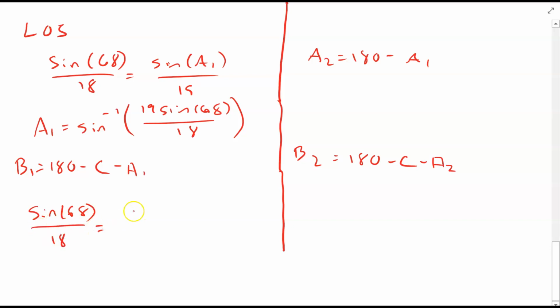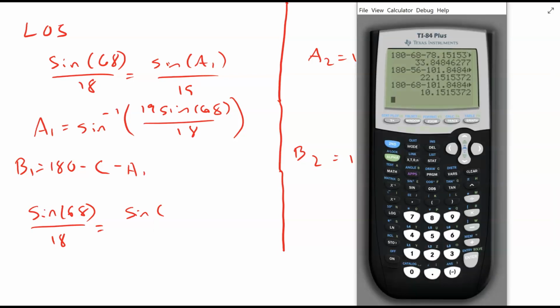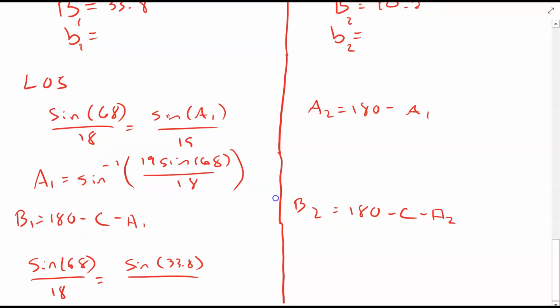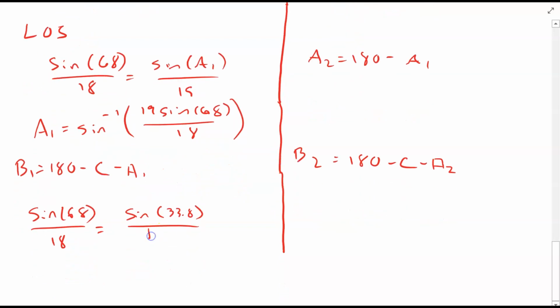And then to find angle C, I'm going to do the law of sines again. So I'll do sine of C over C equals sine of B over B. And then similarly, doing the same thing over here.